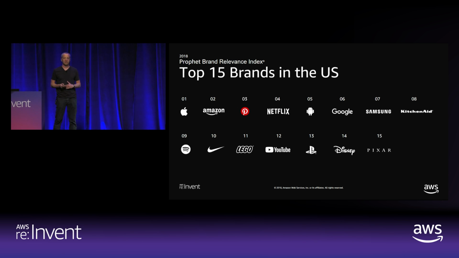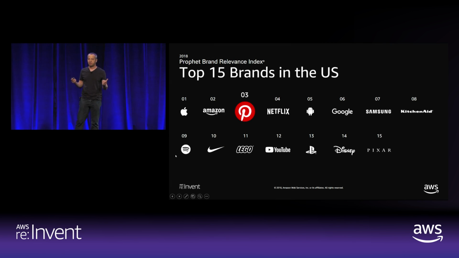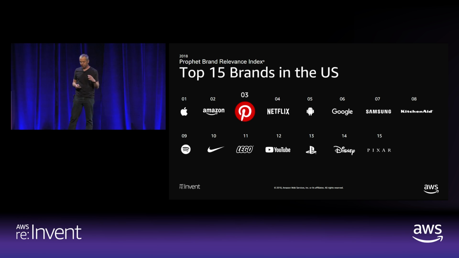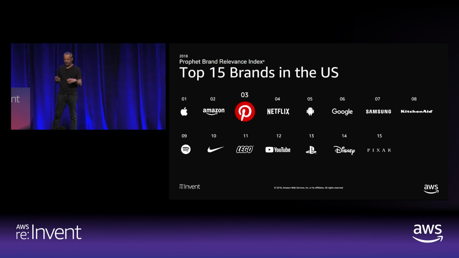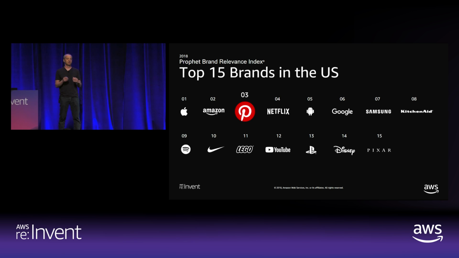So we have objects that are called pins. Those contain an image and a textual representation that people bring into the system and they pin into boards. So there are around 200 billion pins organized into about 3 billion boards. Boards represent a grouping of the pins that the user wants to see together.